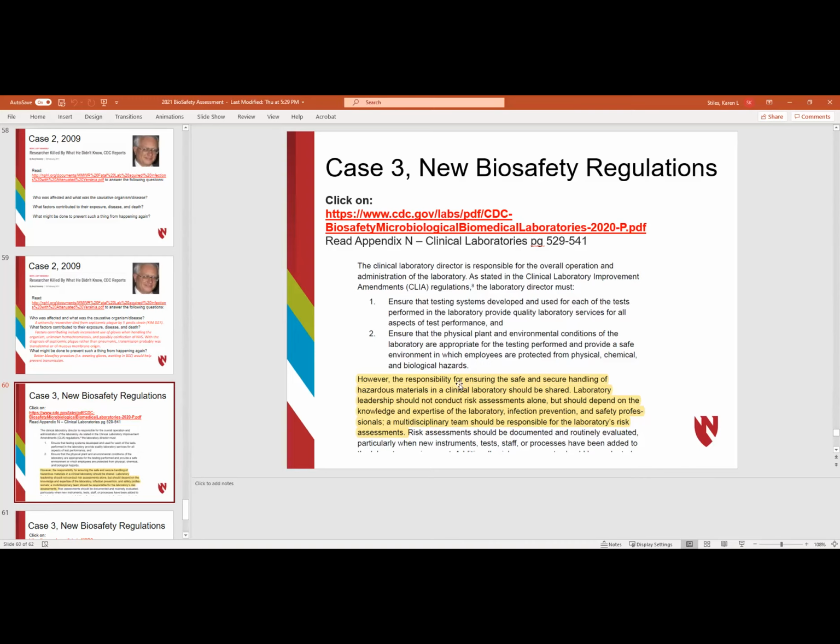And what they're recommending is that laboratory leadership should not conduct risk assessment alone, that you should depend upon the knowledge and expertise of not only your laboratory staff, but your infection control, your safety people in the whole hospital or laboratory, if you're set apart from a hospital. There should be some sort of multidisciplinary team that helps you make those decisions.